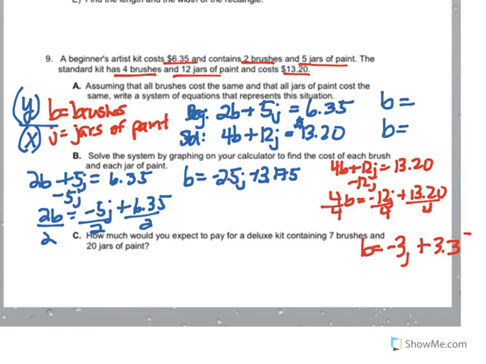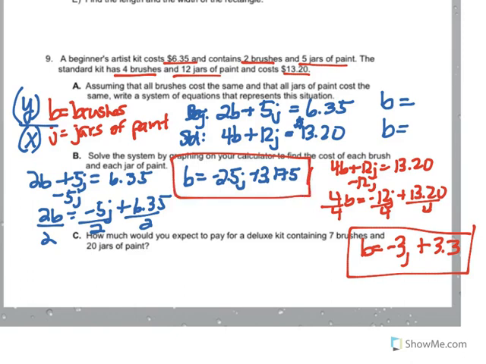Okay, now take this equation and take this equation and put them into Y1 and Y2. Put them in, hit graph, and then you're going to do second trace 5, enter, enter, enter.